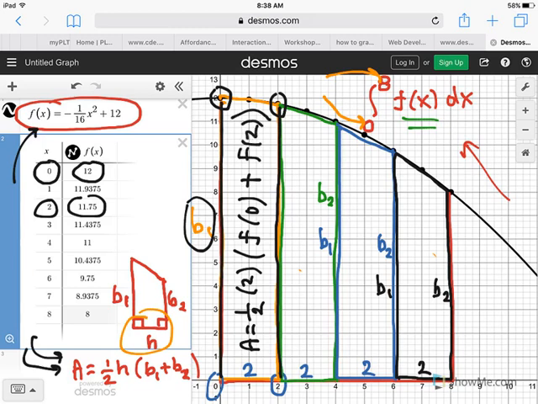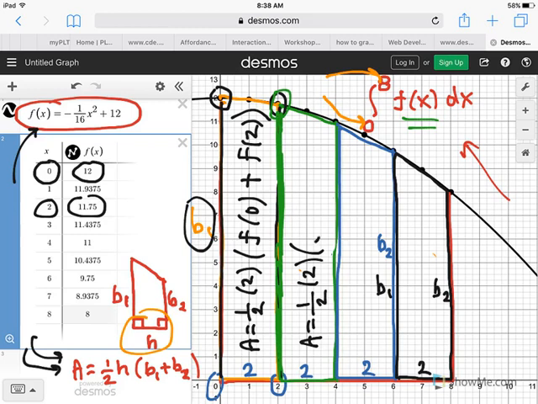And then, if you look at the second trapezoid, we're going to use the same formula for the area of a trapezoid. We're going to have area is equal to 1/2 times the height is 2, times the sum of the lengths of the 2 bases. Base 1 would be the height of this segment that I am now trying to show you by shading green, which is, of course, f of 2.